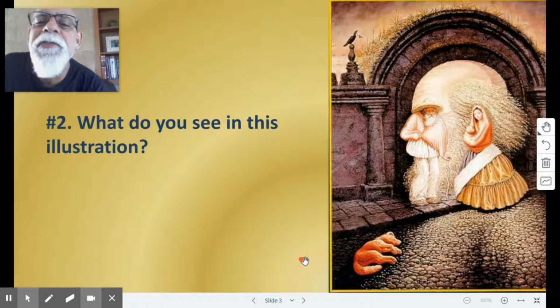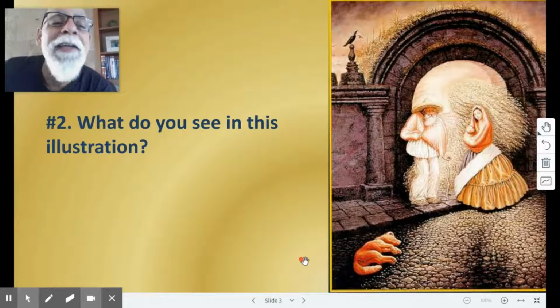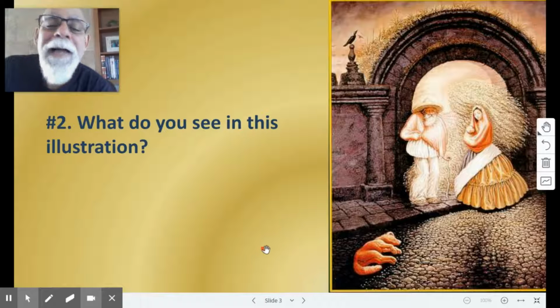Okay, how many of you see one, two, three, six faces? Let's see if we can see them. I see a giant head of a man with what was that again? Okay, we're gonna check that in a minute. We're gonna look at that.